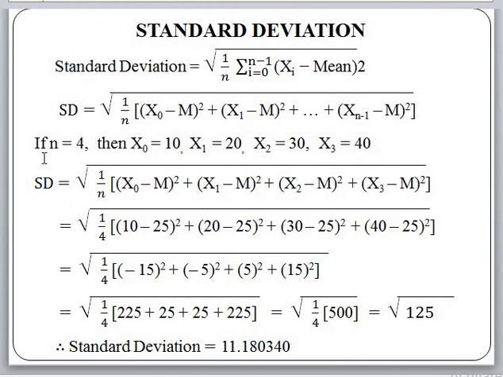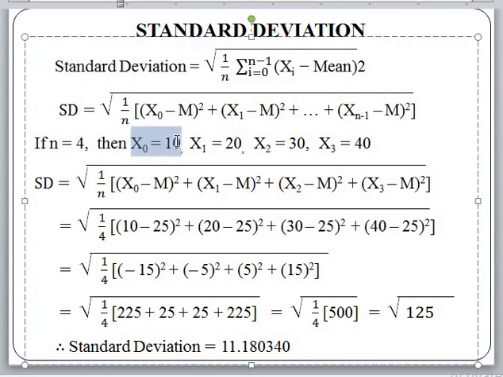Now if we consider an example n equal to 4, with values x0 equal to 10, x1 equal to 20, x2 equal to 30 and x3 equal to 40, we can find the standard deviation in this fashion, where there are 4 terms: (x0 minus m) whole square plus (x1 minus m) whole square plus (x2 minus m) whole square plus (x3 minus m) whole square.